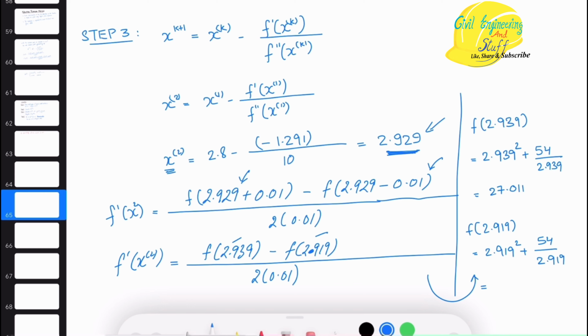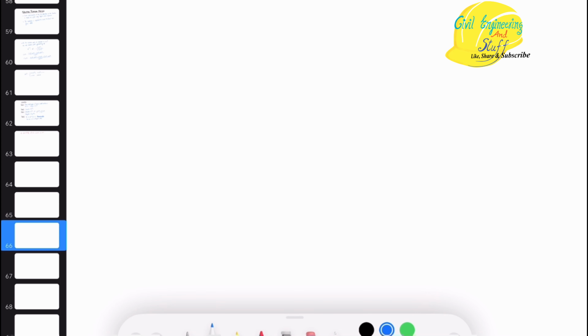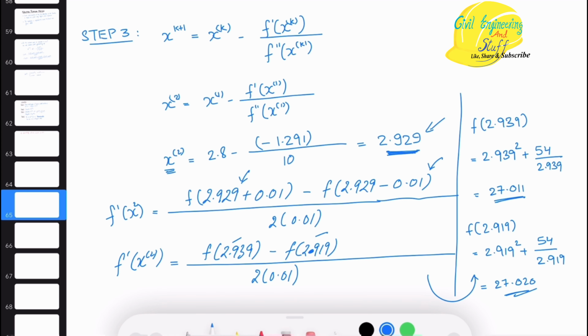On solving it, you will see the value comes out to be 27.020. So putting the values in the respective positions to find the first derivative, the first derivative f dash of x2, that is 2.929.